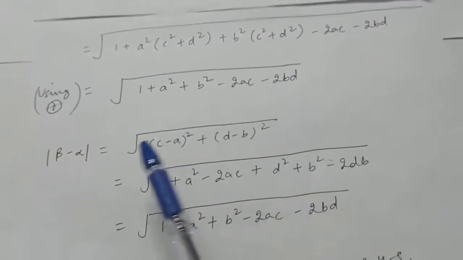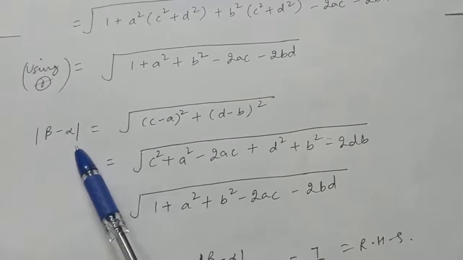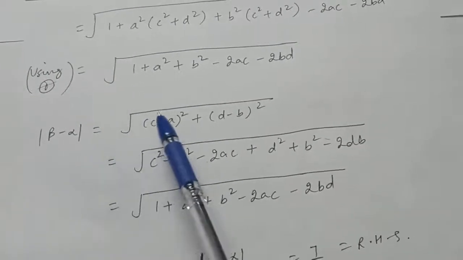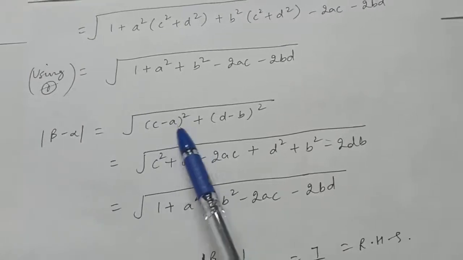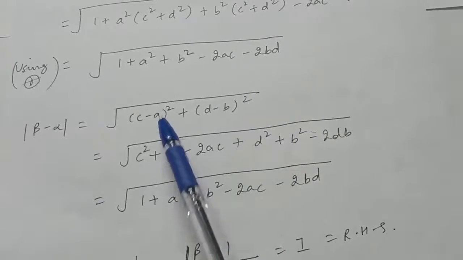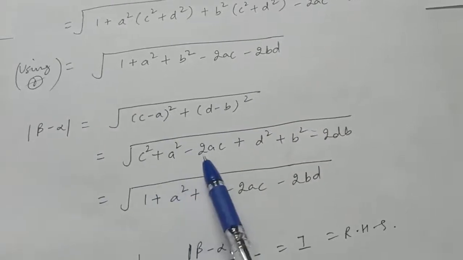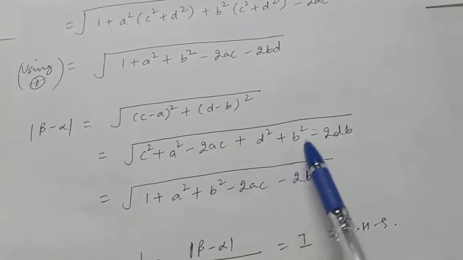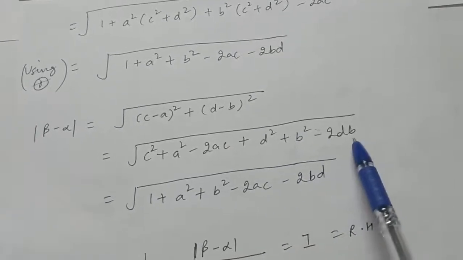Right? Now, modulus of beta minus alpha. So, beta minus alpha modulus we have found is this: root of (c minus a) whole square plus (d minus b) whole square. Now solve it. Square of this will be c square plus a square minus 2ac, and square of this will be d square plus b square minus 2db.